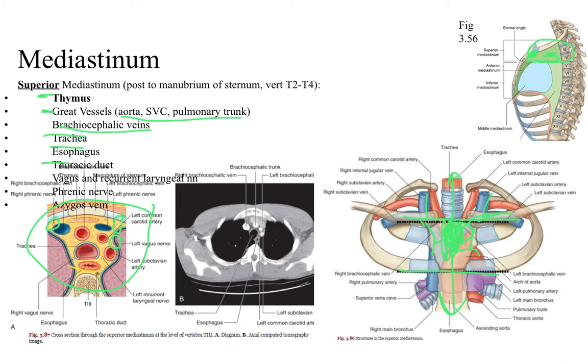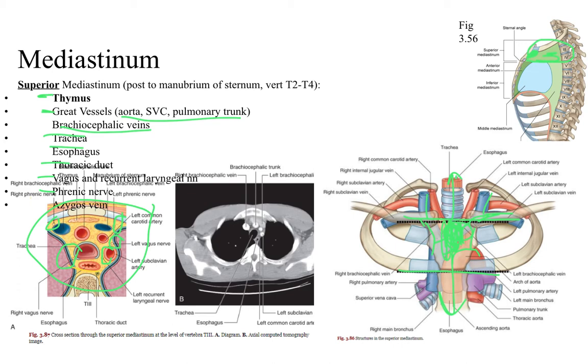And the right vagus nerve and the left recurrent laryngeal nerve are on either side lateral to the trachea at the posterior border. So you'll also be able to find those things in there. So this will give you your first glimpse as to where those nerves are located in relation to other structures within the superior mediastinum, so that you start to get a bigger picture of how everything is put together.